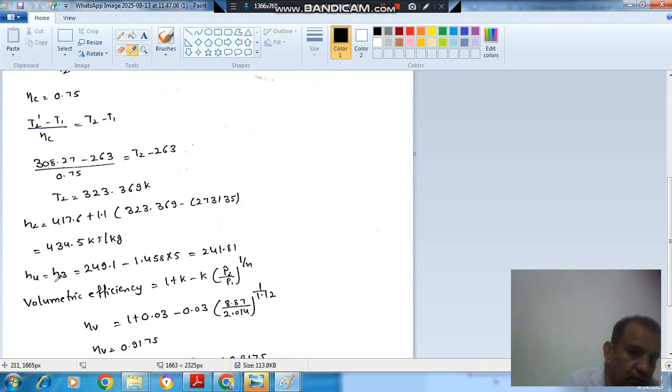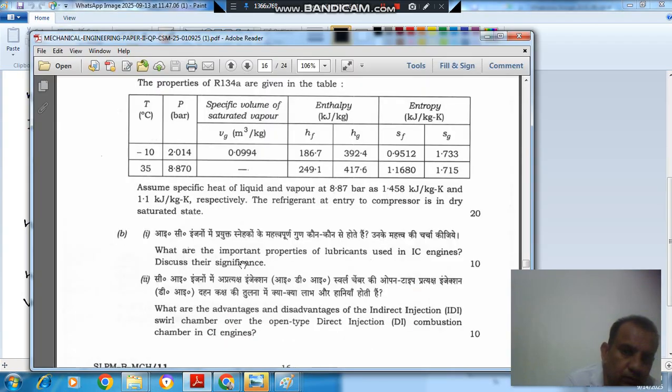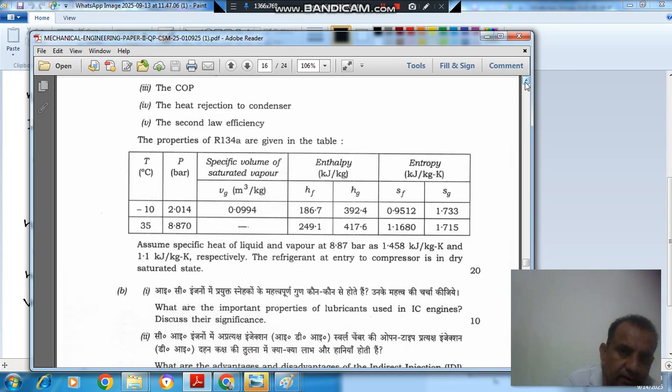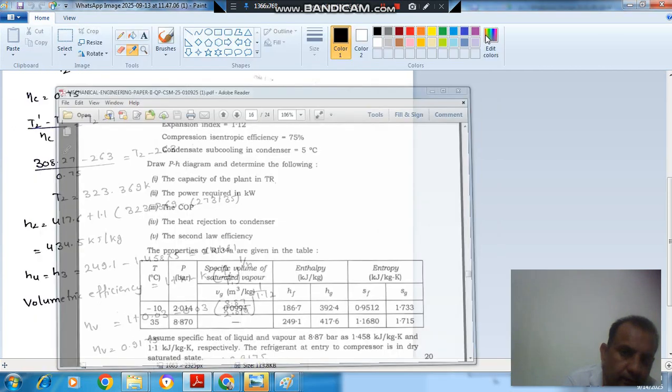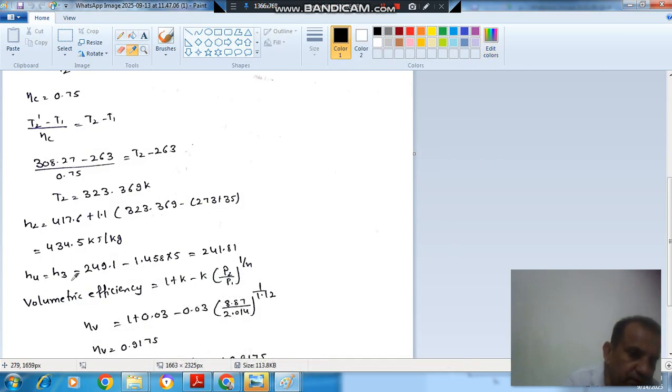Now H4 and H3 also can be found out. For finding H4, we will take this 249.1, that is your Hf. And as there is subcooling in the condenser, which is given as 5 degrees Celsius, we will take the liquid Cp, that is 1.5458, and find out H3.